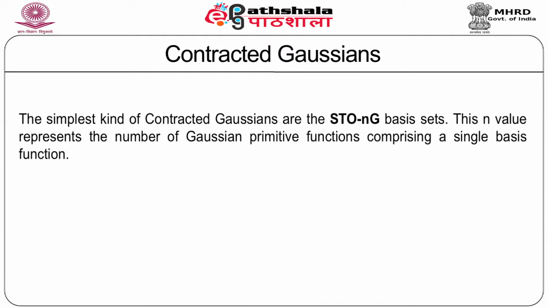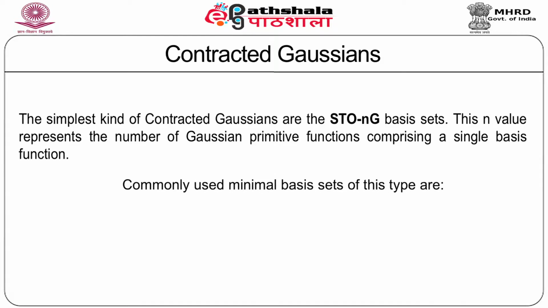The simplest kind of contracted Gaussians are known as STO-NG basis sets. There, the n value represents the number of Gaussian primitive functions comprising a single basis function.